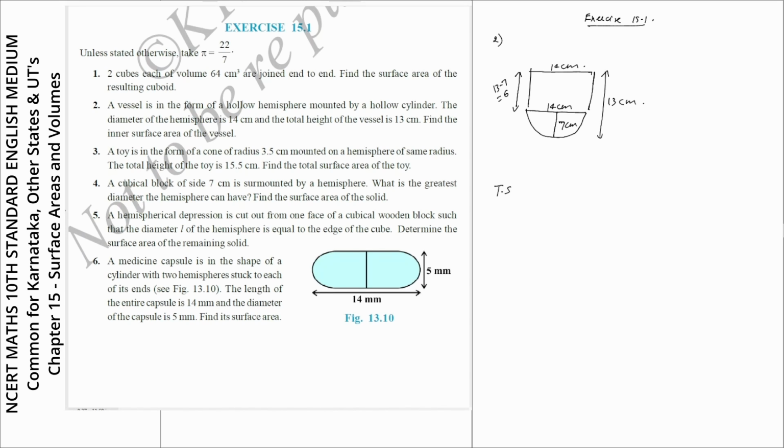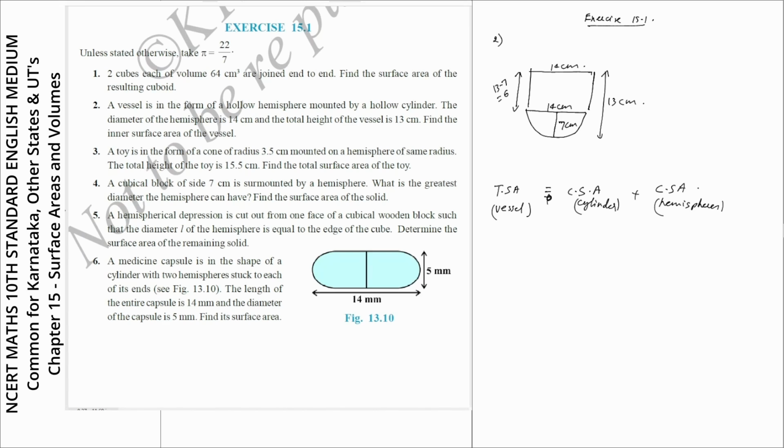Now total surface area of the vessel is equal to curved surface area of the cylinder plus curved surface area of the hemisphere, because the vessel is made by a cylinder and a hemisphere.